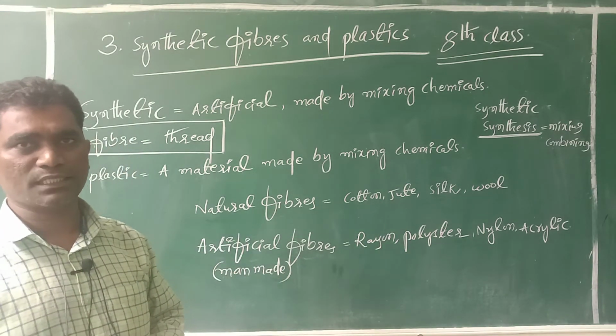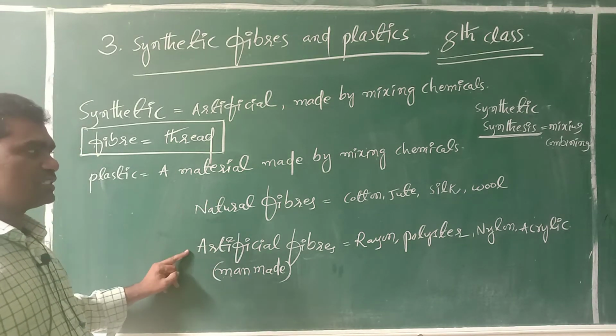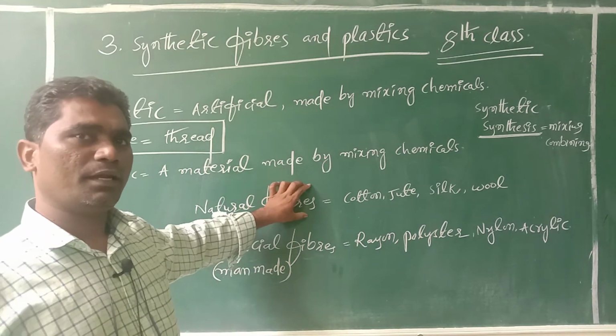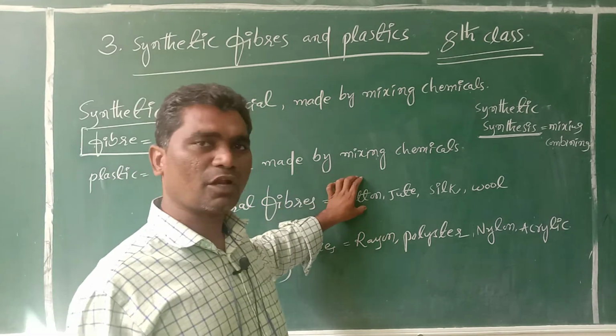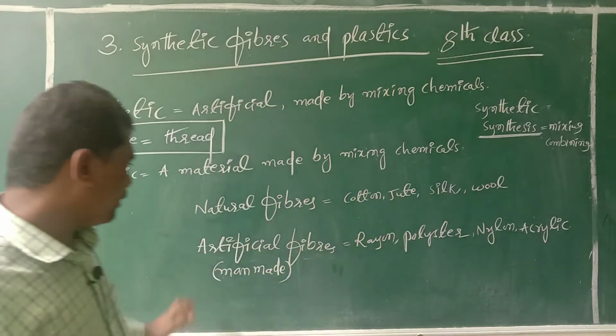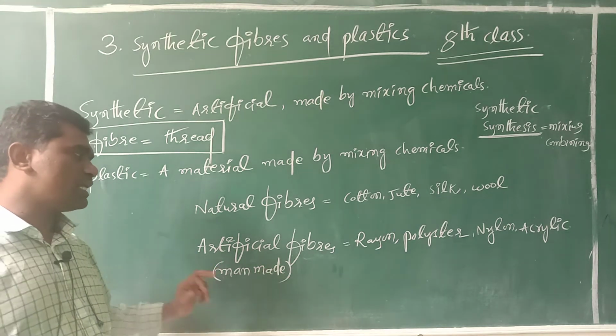So there are two types of fibers: natural fibers and artificial fibers. Natural fibers are obtained naturally from plants or animals, for example cotton, jute, silk, wool. And artificial fibers are man-made fibers, which are called synthetic fibers.